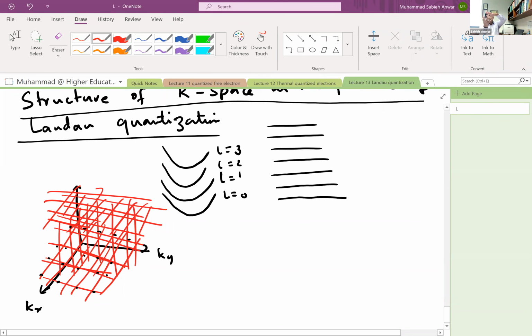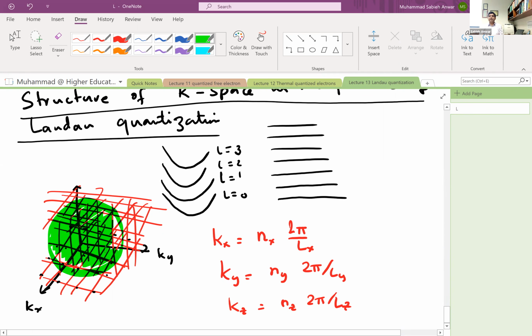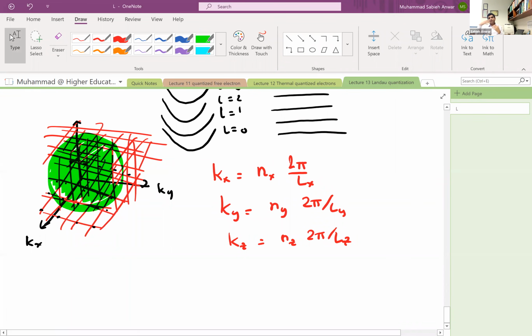So I will get this mesh of three-dimensional points along kx, ky, and kz, and kx I know is nx 2 pi over Lx, ky is ny 2 pi over Ly, kz is nz 2 pi over Lz, and I would also know that I will have a Fermi sphere. All the k points within that Fermi sphere are going to be occupied. And the Fermi sphere represents the boundary between the occupied and the unoccupied levels.